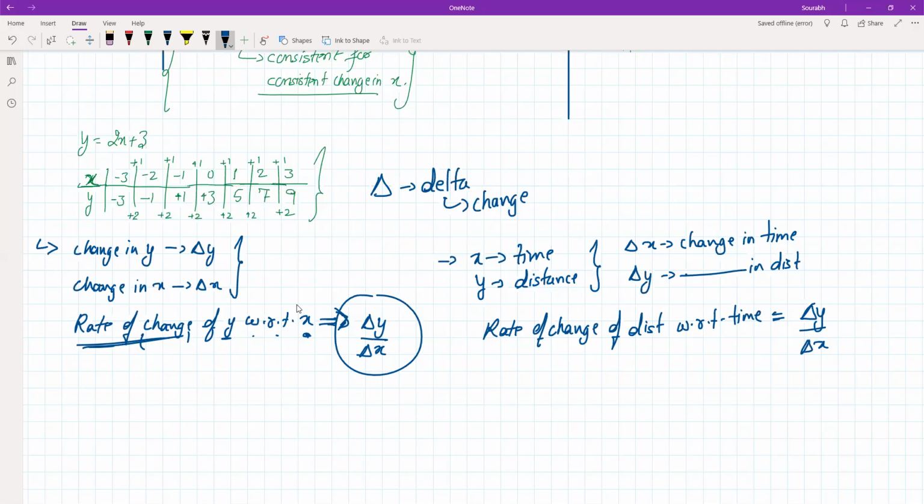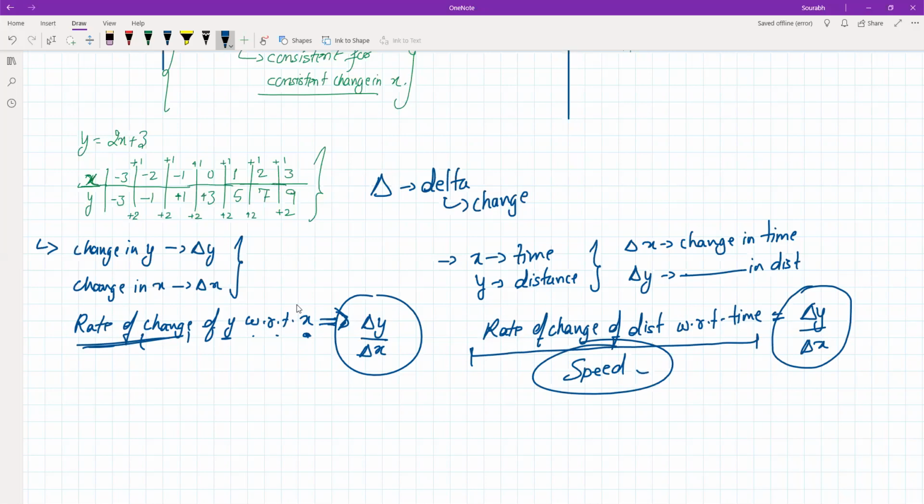Is it clear now? It is just to represent the rate of change of one quantity with respect to another quantity. And what exactly is this quantity called, the rate of change of distance with respect to time? Do we have a special term for this? So this quantity is nothing but speed, right? So instead of y, if I am using distance, and x is time.